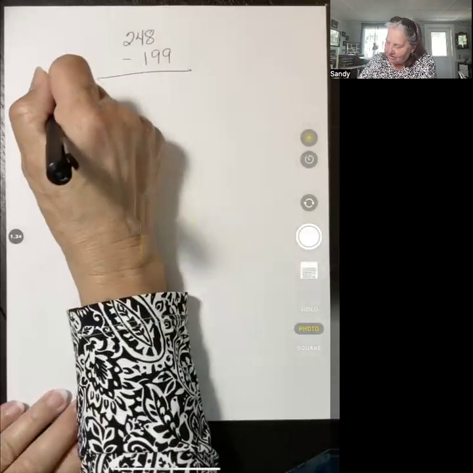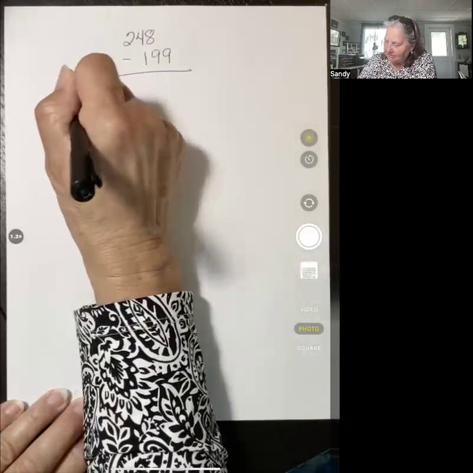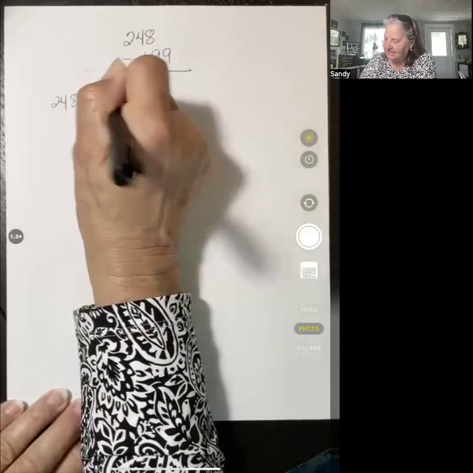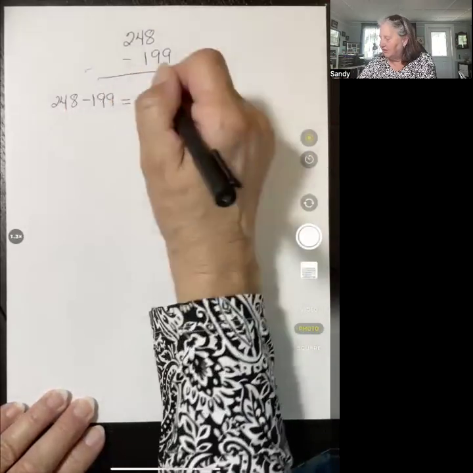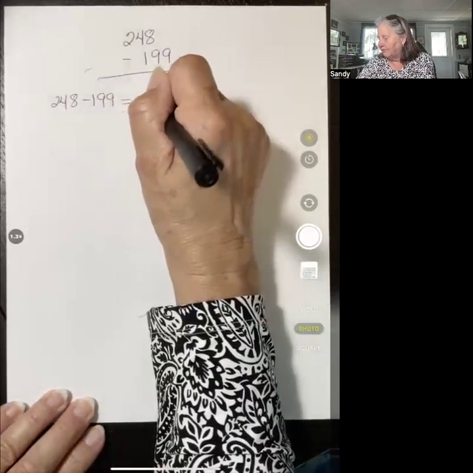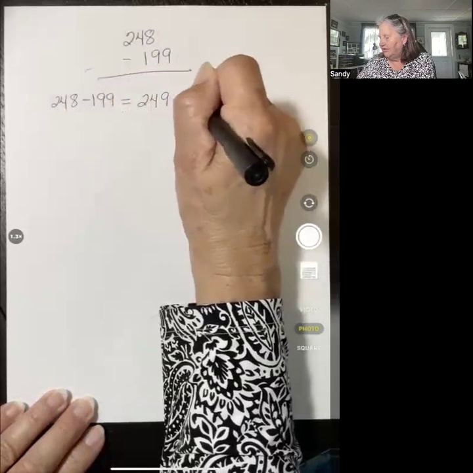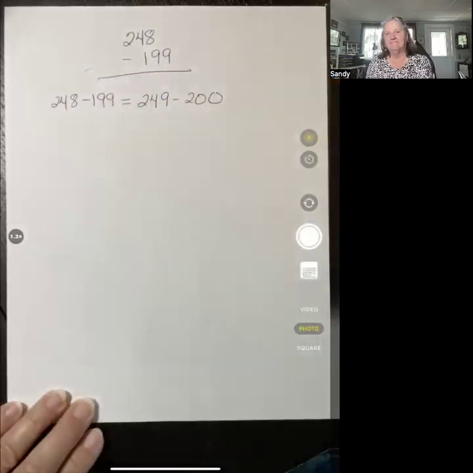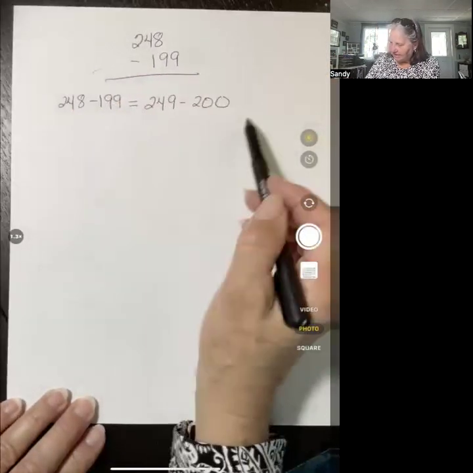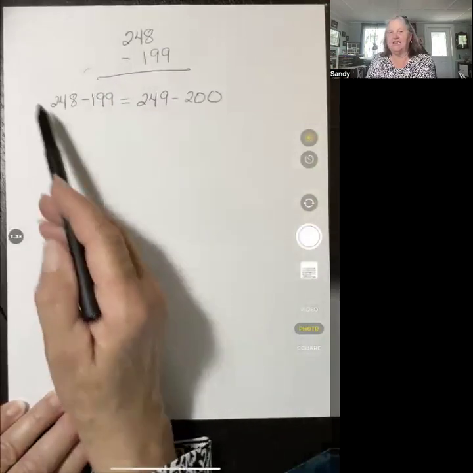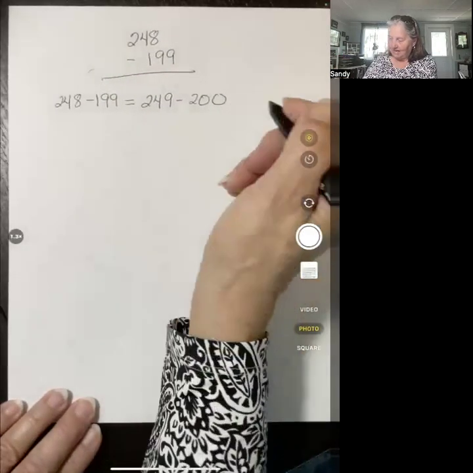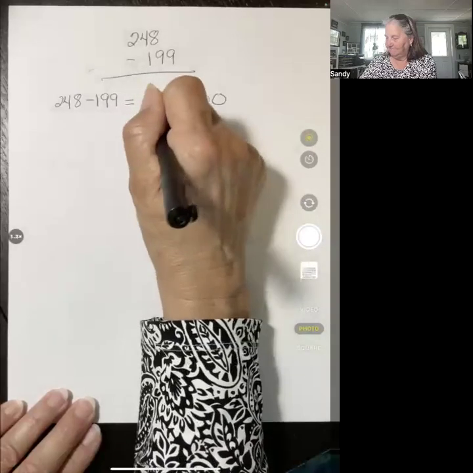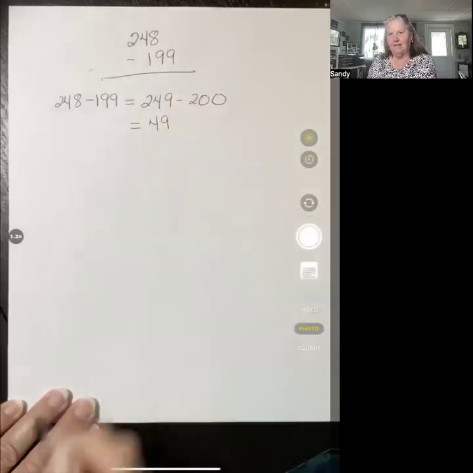So 248, remove the 199, the distance between those, the difference of those is going to be the same as 249 and 200. This one I can do without paper and pencil. This one I need paper and pencil, right? So what will my answer be? 49.